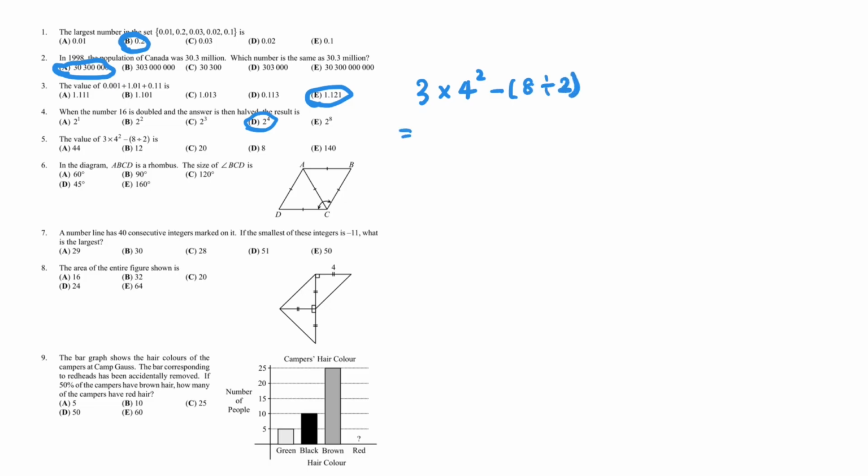BEDMAS. 3 times the 4 squared is 16, minus 8 divided by 2. That's the 4. So 48 minus 4, 44. Therefore, the answer is A.